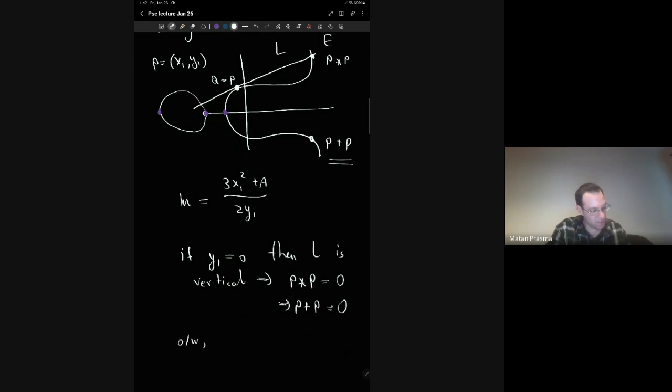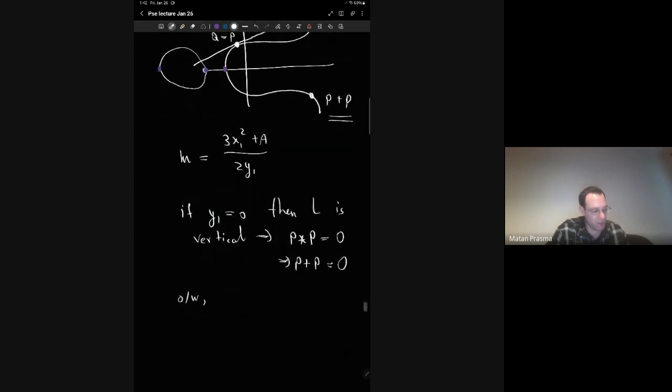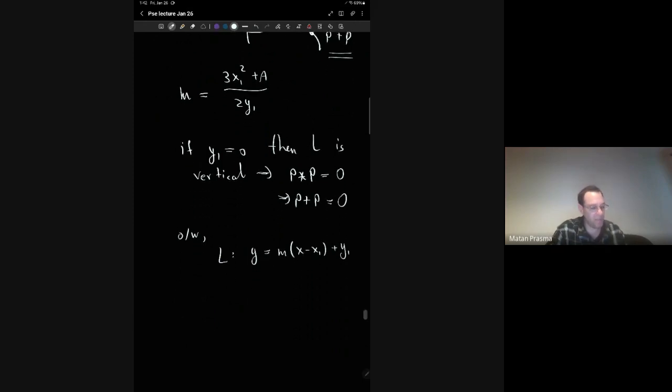Otherwise, I know that y1 is not 0. Then the equation of L is given by y equals m times (x minus x1) plus y1. And again, I substitute it.